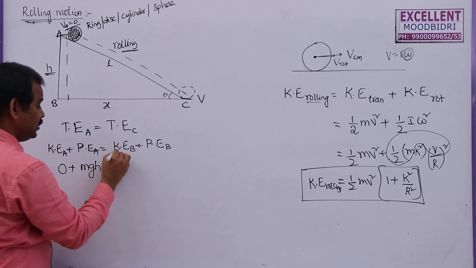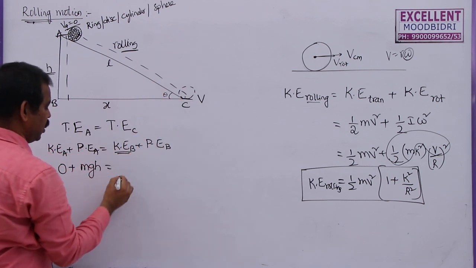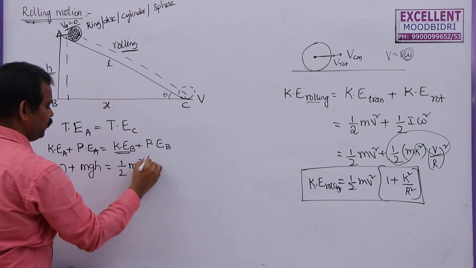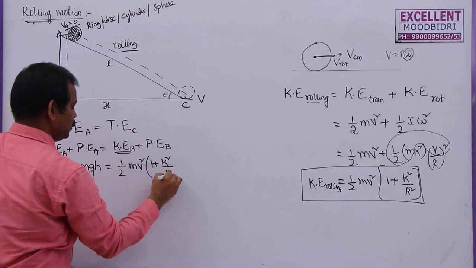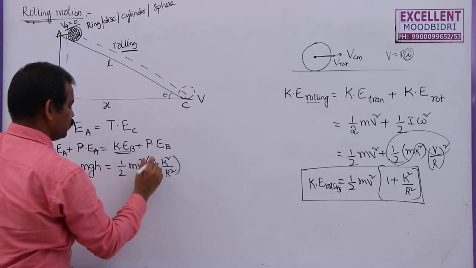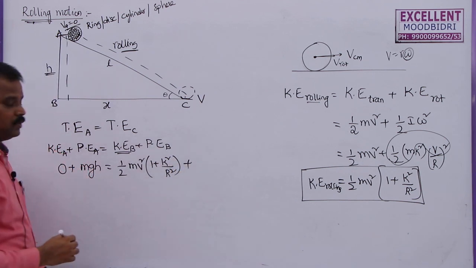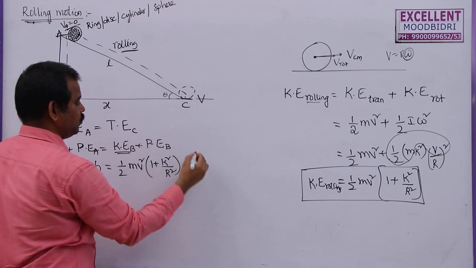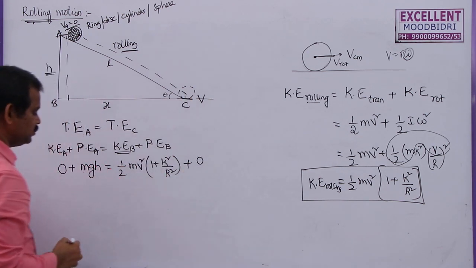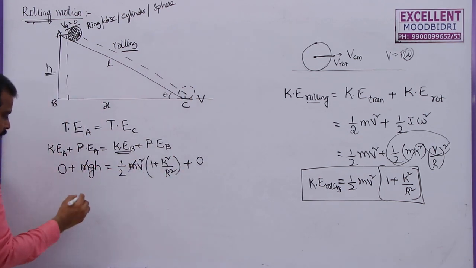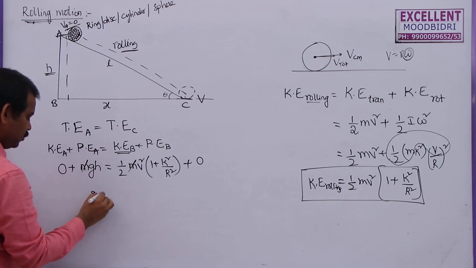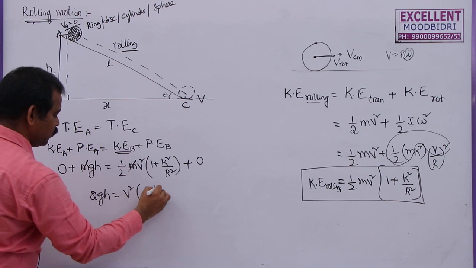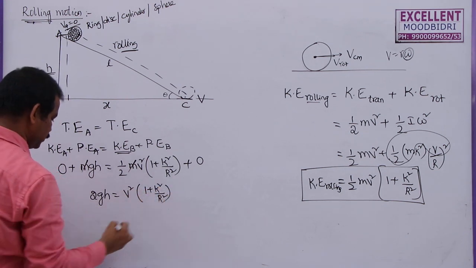This is equal to the kinetic energy of the body on reaching the ground, half mv square into 1 plus k square by r square, plus the potential energy. As it reaches the ground, the height of this body is 0, so I can write this as 0. Now you can cancel m and m, and cross multiplying, 2gh is equal to v square into 1 plus k square by r square.